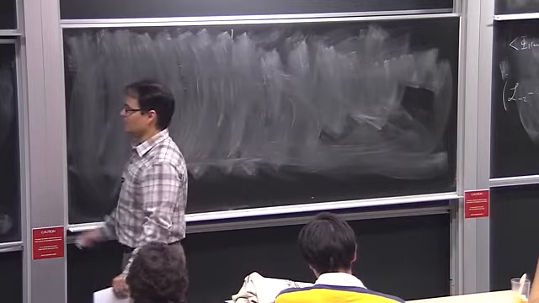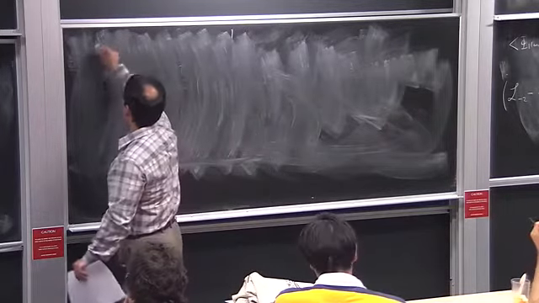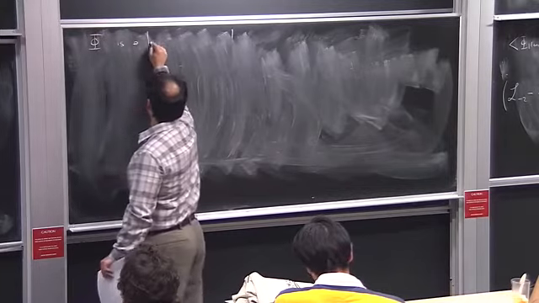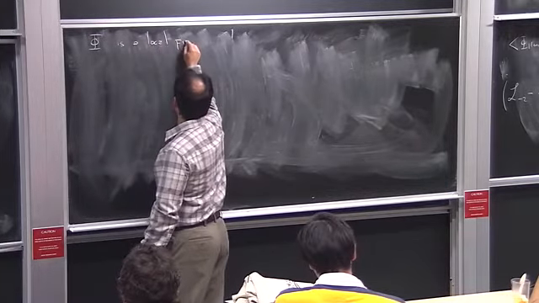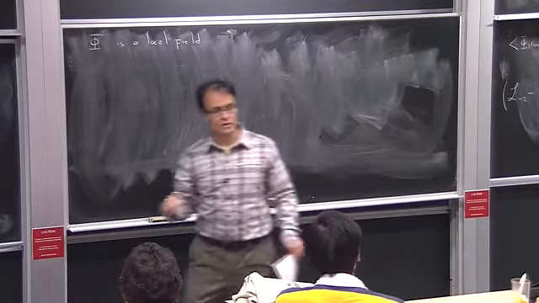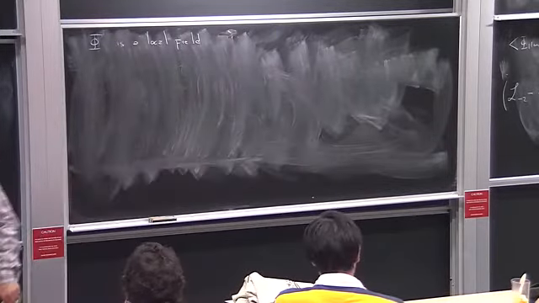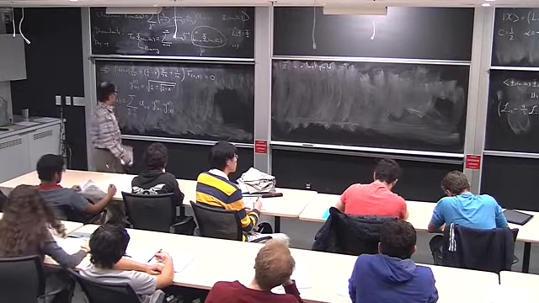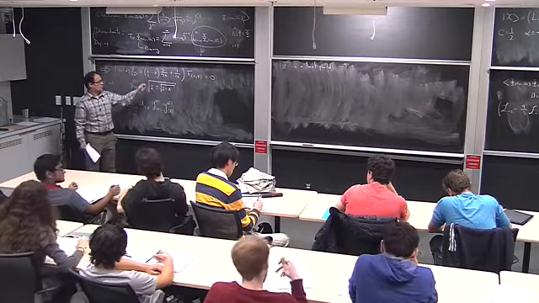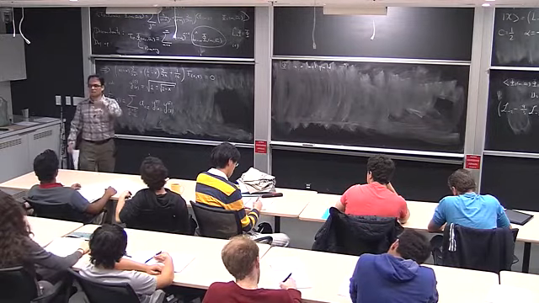Then say that we want to think of our field phi as a local field. So we want its correlation functions to be single valued. Now look at this thing. This square root could pick up a monodromy.